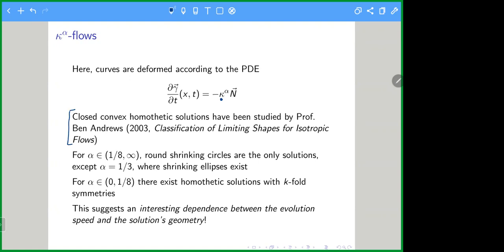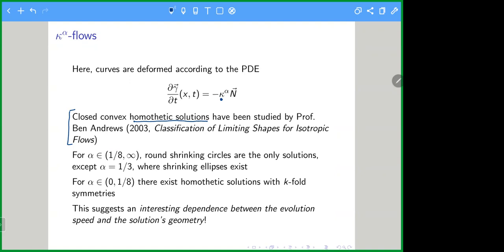One of the big results in this kind of flow is by Professor Ben Andrews, in his paper, classification of limiting shapes for isotropic flows. He looks at homothetic solutions that just contract while preserving their shape.